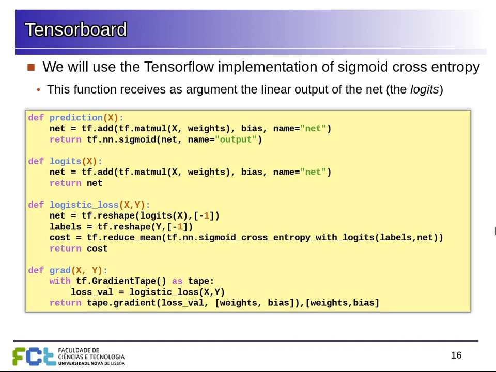And now when we are computing the loss function, we take the logits, we reshape that for a single dimension. We do the same for the label so that we have two vectors with one dimension. And now we compute the mean of the sigmoid cross entropy with logits between these two. So this one is going to do the equivalent of using the sigmoid and then the logarithm without blowing up the numerical representation.